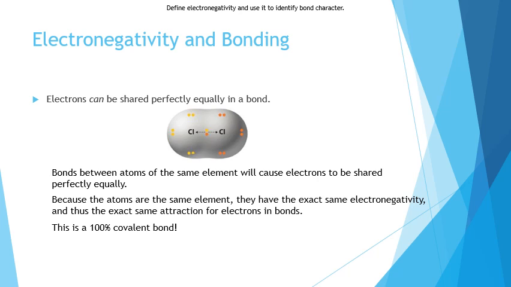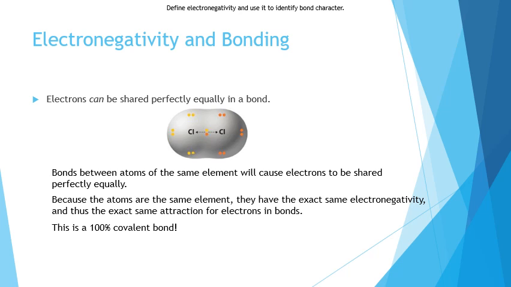Because these two atoms are the same element, they have the exact same electronegativity, the electrons will be shared perfectly equally. Now, one other note about this idea of a perfectly equal sharing, this would only occur when we have two atoms of the same element. Even though if you look at your periodic table, you will see different elements have the same listed electronegativities, they are not exactly the same.